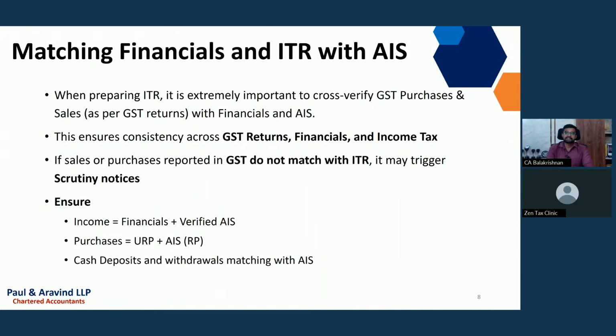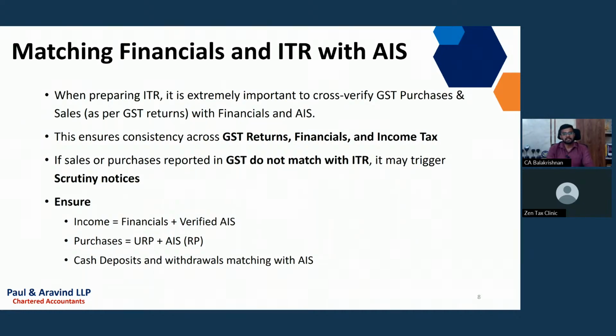And cash deposits and withdrawals must be matched with AIS. For this, we need to check the cash ledger. In the cash ledger, total debits and credits must be matched with the AIS portal. Sometimes total debits and credits may show excess than AIS, because some transactions of more than 10 lakh will be mandatorily reported by the bank to the department.